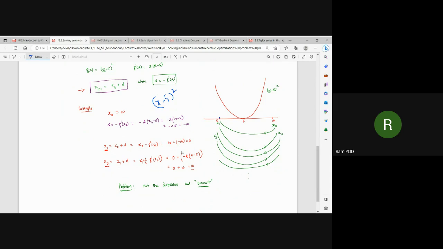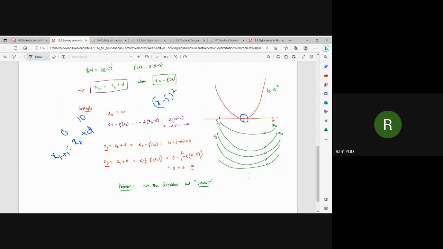Since x_t plus 1 equals x_t plus d, where d is minus f dash of x, it's going to be 10, and the x_t value is 0, so you'll end up at 10. This is still in the good direction because we want to move to the right side from 0, because the actual solution 5 is on the right side.